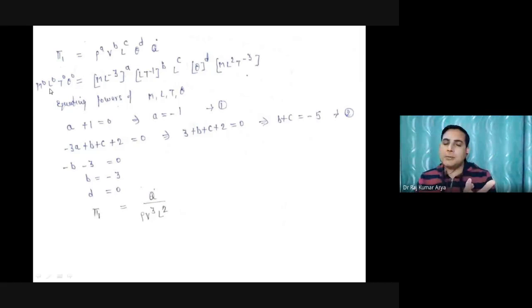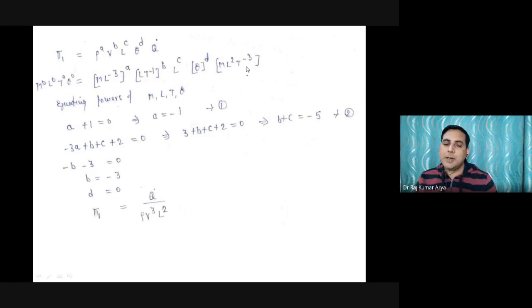So I put the dimension of density to the power a, dimension of velocity to the power b, dimension of length to the power c, dimension of theta to the power d. And now you have the dimension of q, which is M L square T minus 3.